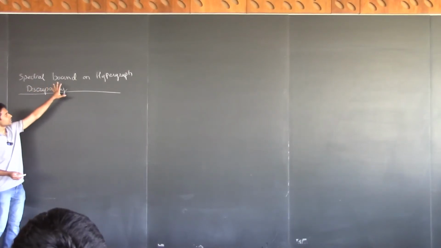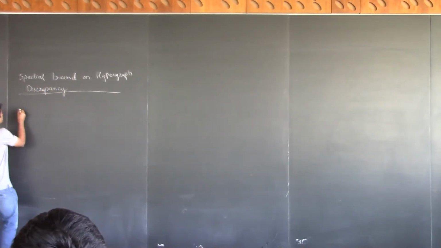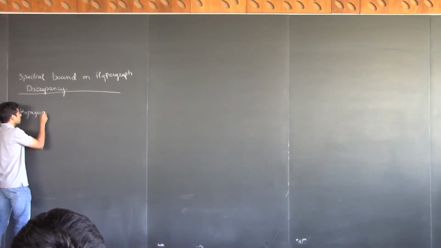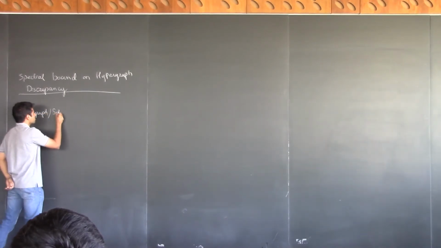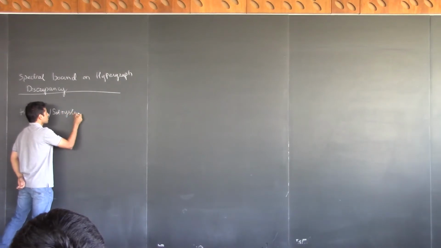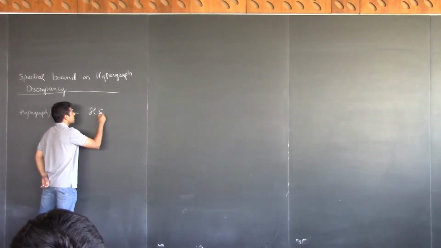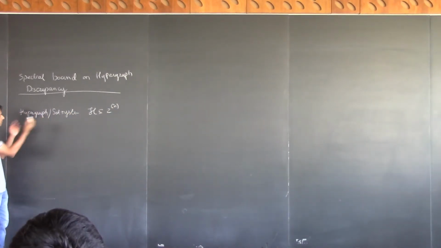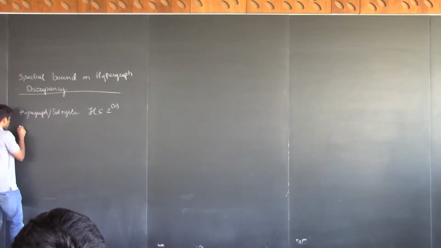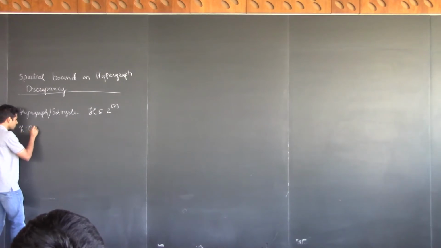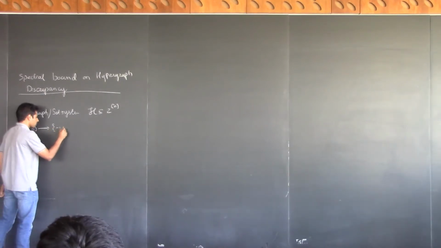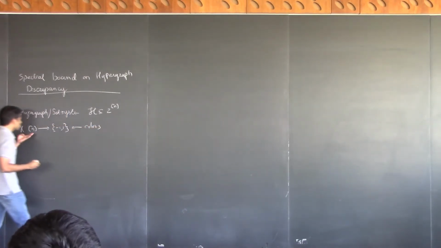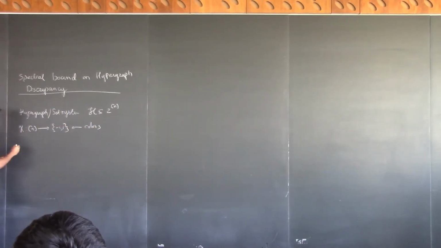So this is the topic of the talk I'm giving. First I'll start with definitions. A hypergraph, or set system, is a collection of subsets of [n]. These are colors, so think of chi as a coloring of the vertices.